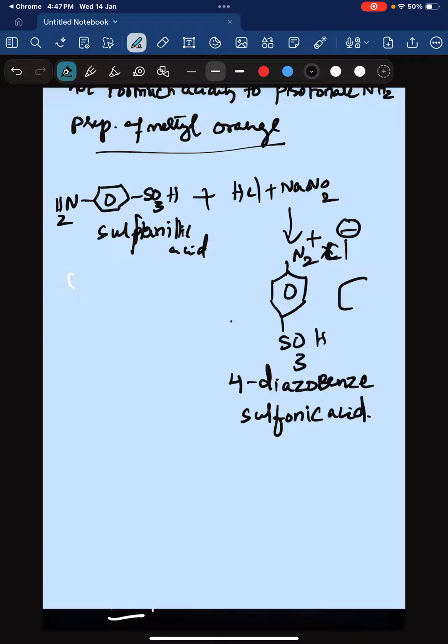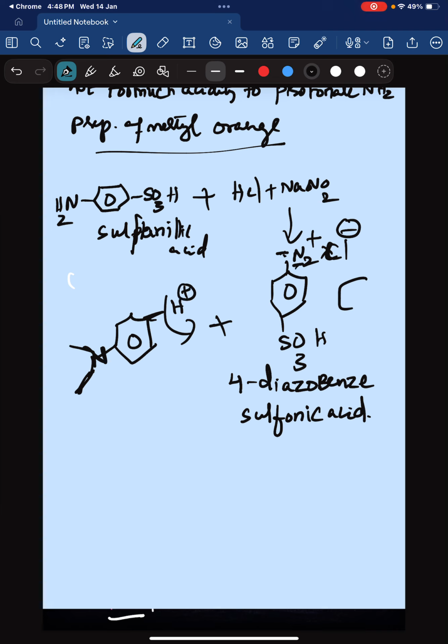So this formed compound further reacts with N,N-dimethyl aniline. N,N-dimethyl aniline has nitrogen connected with two methyl groups. So this N2 plus attacks at the para position, replacing H plus.